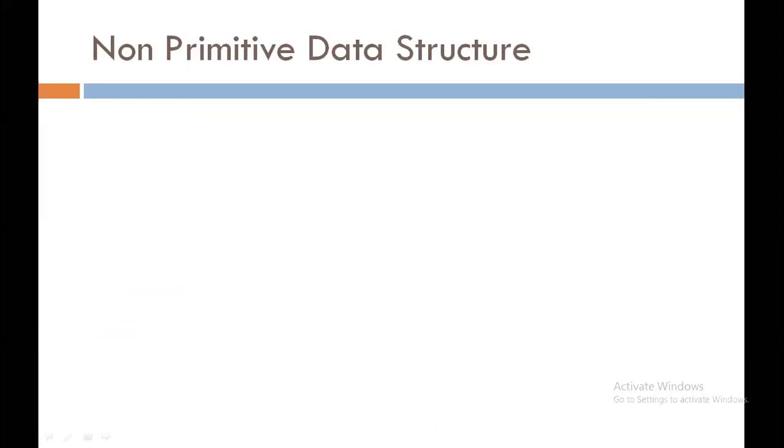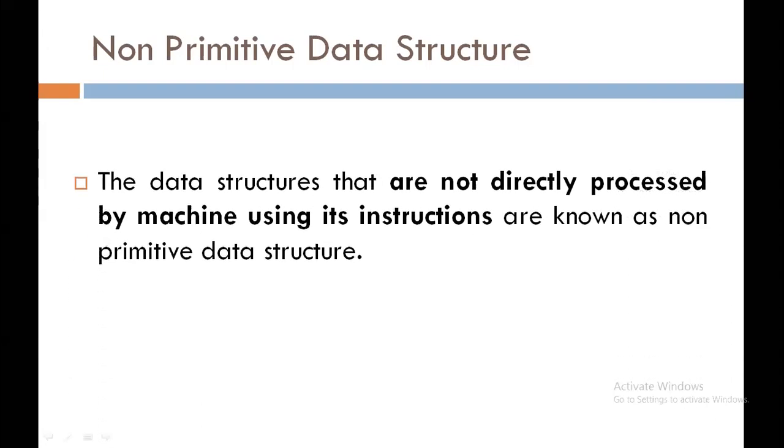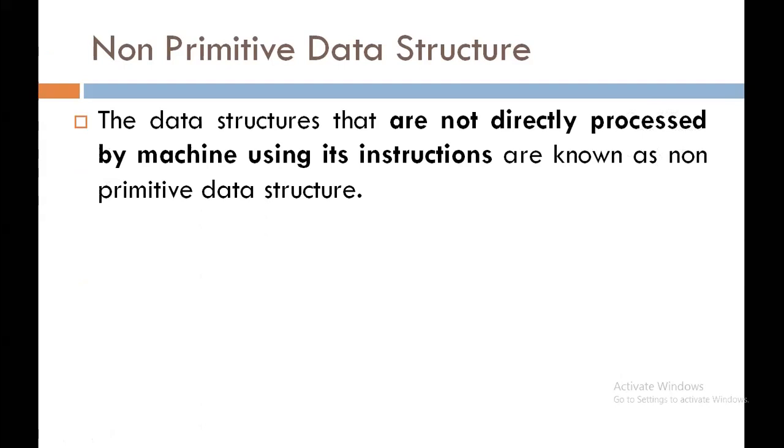Now, the next type of data structure is non-primitive data structure. First of all, the definition. The data structures that are not directly processed by the machine using its instructions are known as non-primitive data structures.